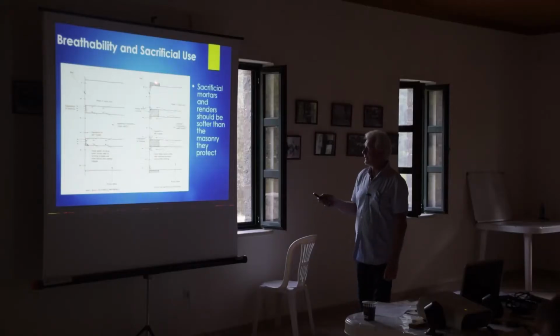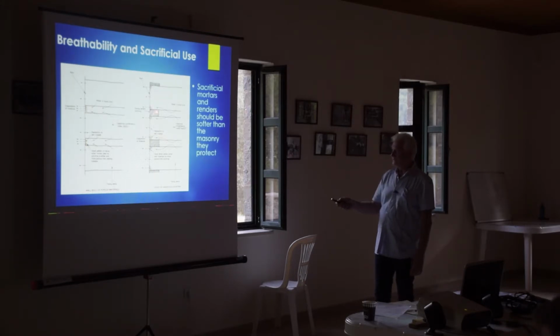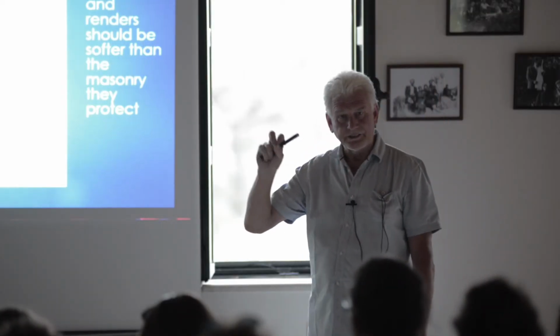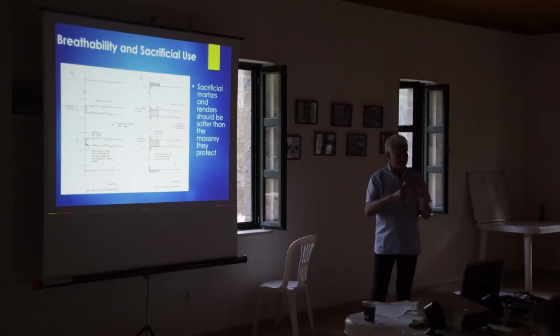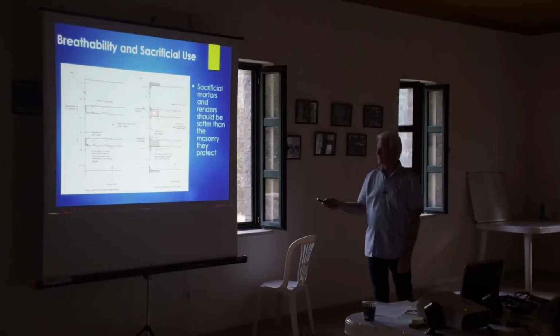If you're repairing a building which is the same stone, and you use a cement mortar and not a lime mortar, your cement mortar is acting like a plug. It's like a block. And the cement mortar is actually stronger than the stone.